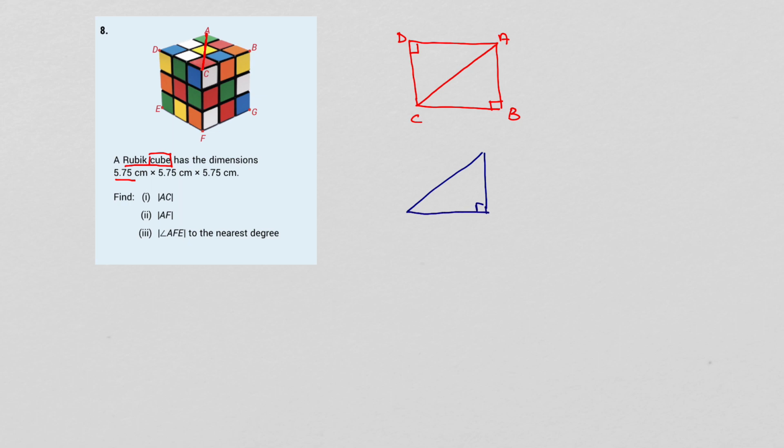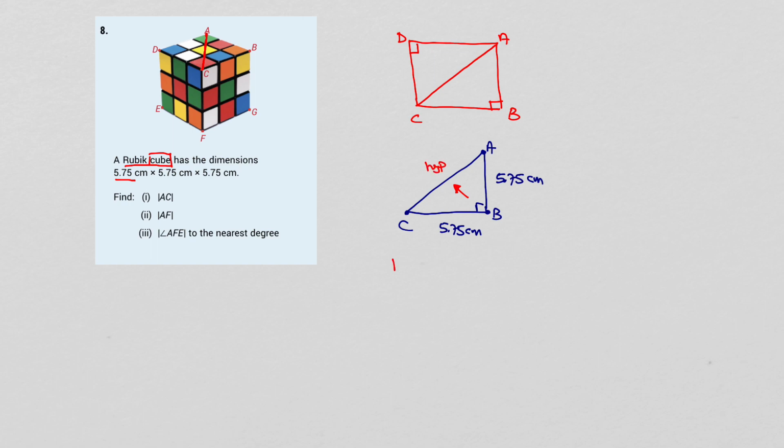So let me draw that out again. 90 degrees, marking the point A, the point B, and the point C. We know that this is a square, so therefore that means that AB is 5.75 centimetres and CB is also 5.75 centimetres. Therefore, if I have a 90-degree triangle, that means the side opposite 90 must be the hypotenuse.